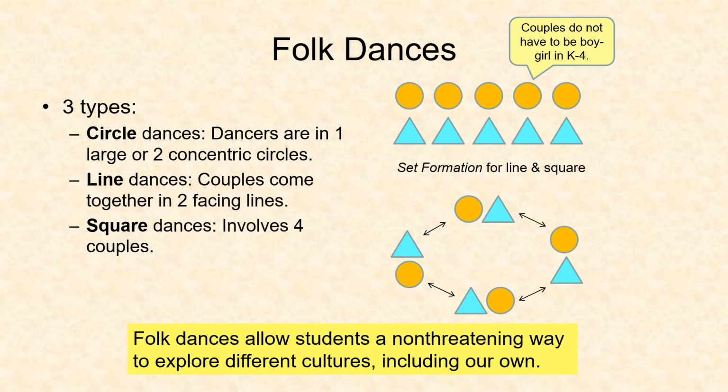We have line dances, in which case the dancers come together and they're facing each other in two lines. And finally, we have square dances, and that involves four couples of dancers, and then they interact in different ways according to what a caller will sing to them as the music is played.